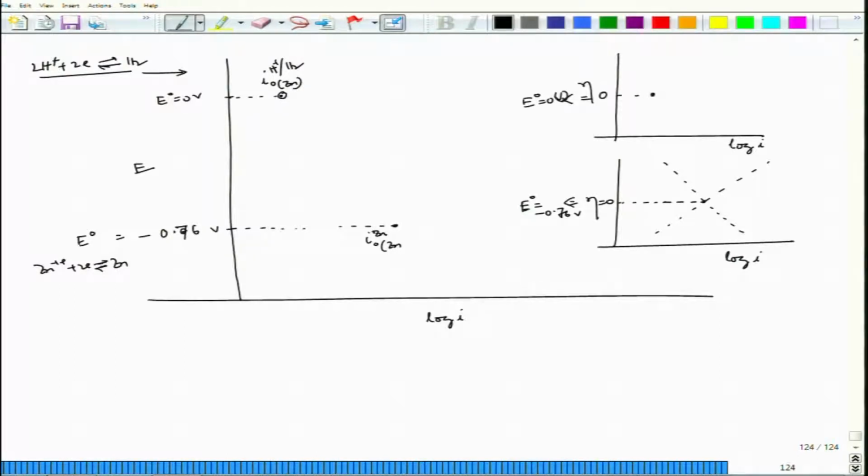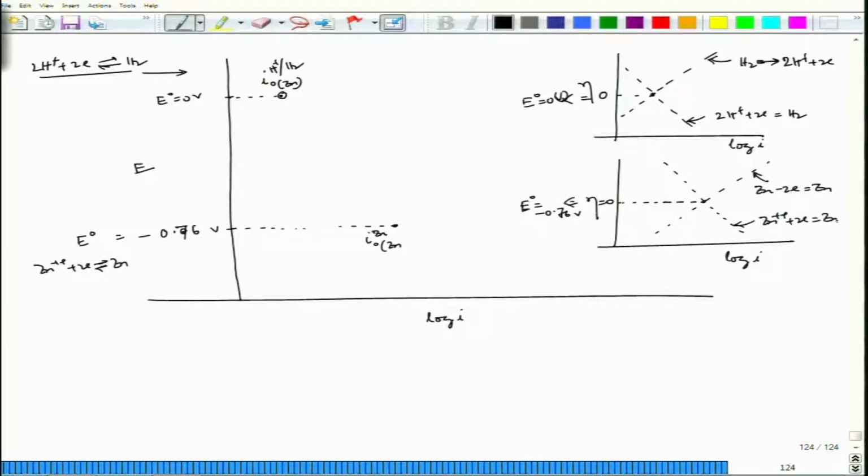So, if I consider the activation polarization for hydrogen reactions, it also has its own cathodic and anodic reactions. So, this is cathodic part, anodic part for hydrogen. So, this is H2 equal to 2H plus plus 2e, and this is cathodic part, H2, and in case of zinc, this is anodic part, which is zinc minus 2e equal to zinc, and this is cathodic part, zinc plus 2e equal to zinc.